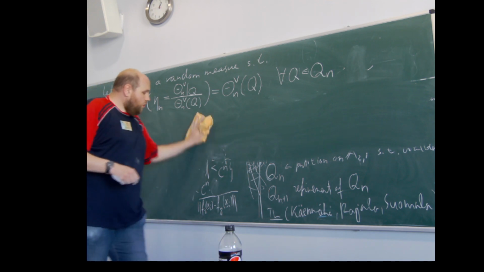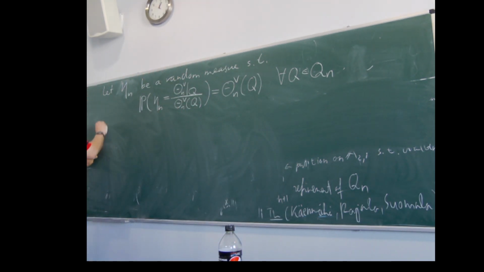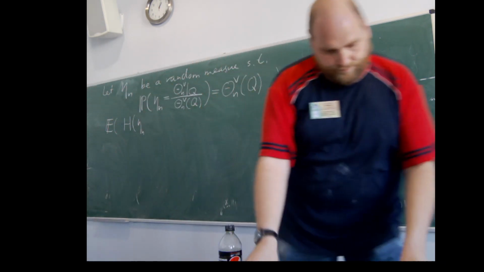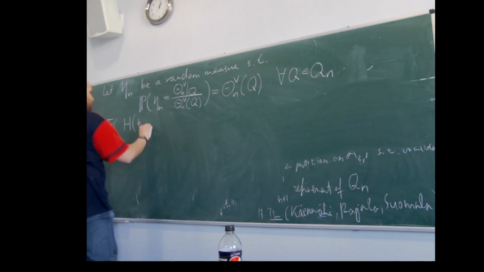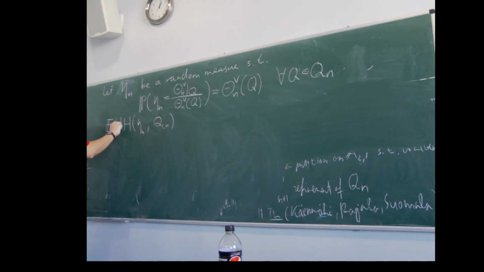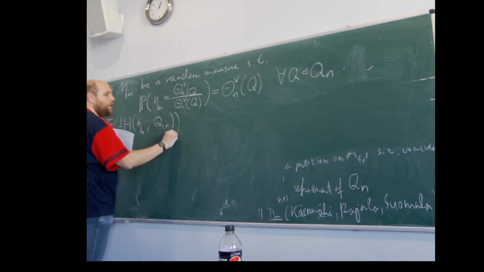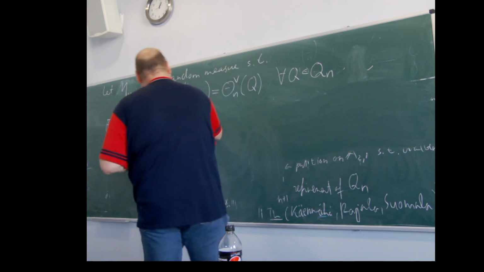If you do so, then what you can see is that the expected value of the entropy of this measure with respect to this Q_n partition is exactly that conditional entropy.